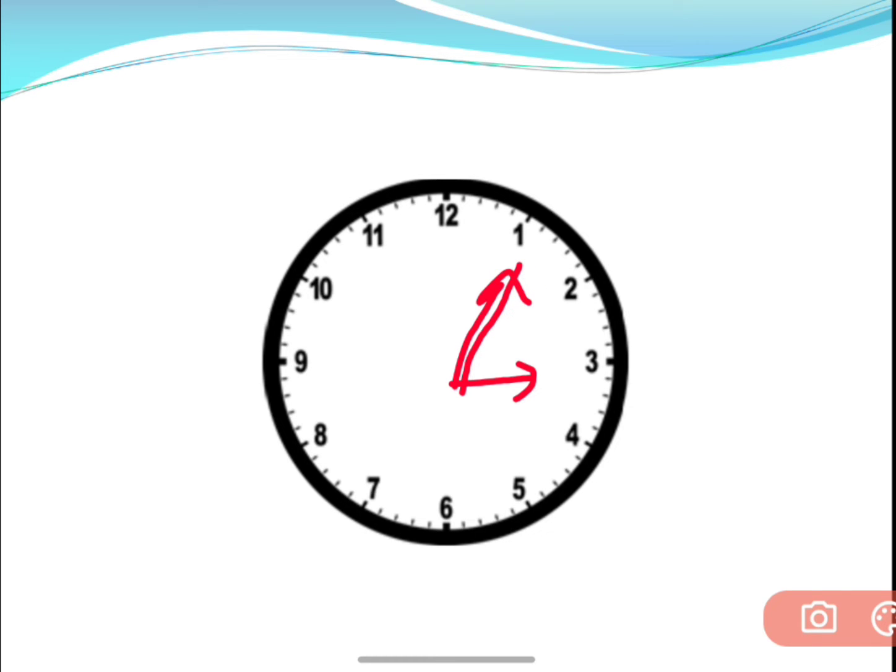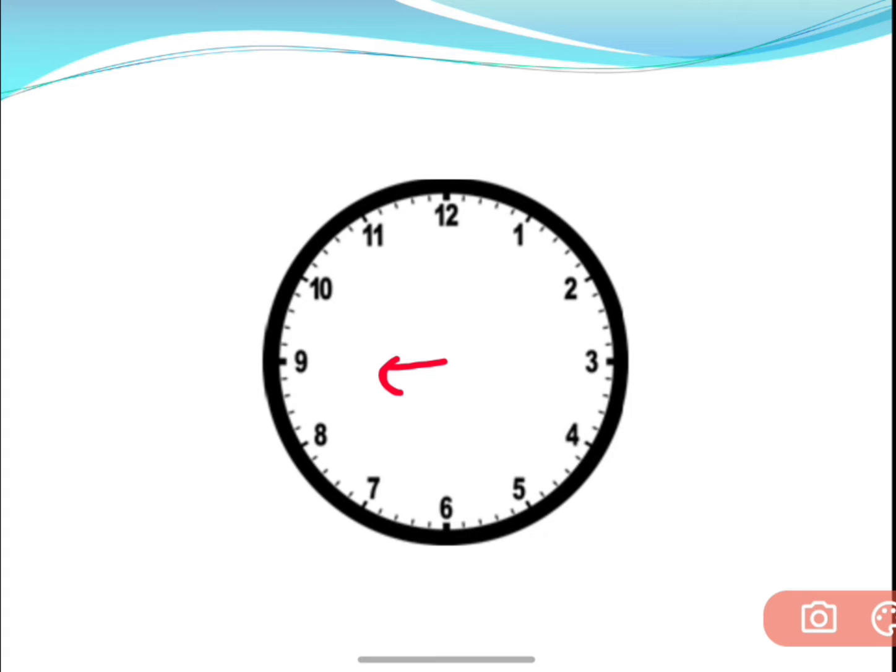We have learned that the short hand gives us hours. So when the hand is pointing to 3, it is 3 o'clock. If it is pointing to 6, it is 6 o'clock. If it is pointing to 4, it is 4 o'clock. Depending on where the short hand is pointing, that is the hour we have learned.